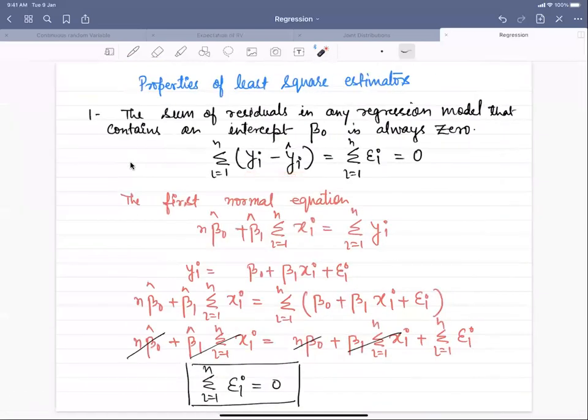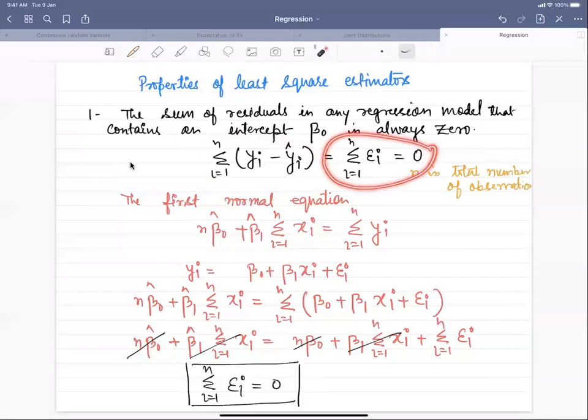And when we sum over them, i over 1 to n, where n is the total number of observations, the first property says that the sum over all these residuals is equal to 0.